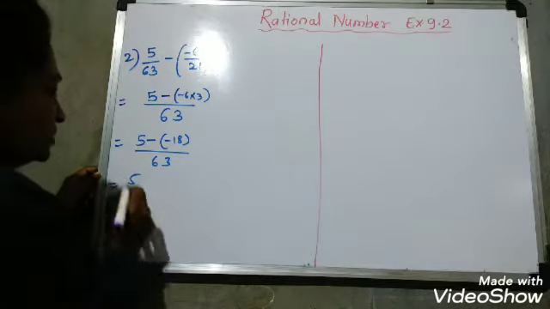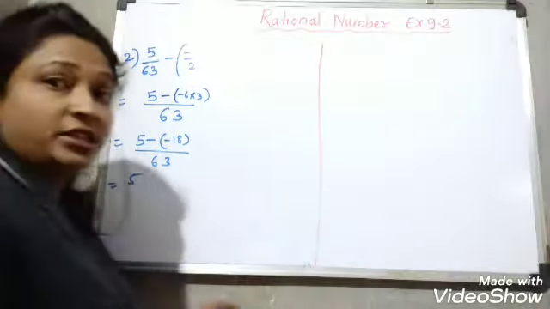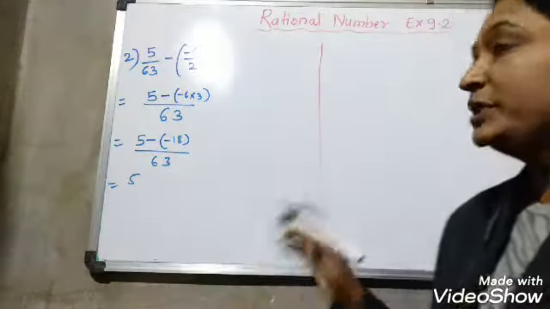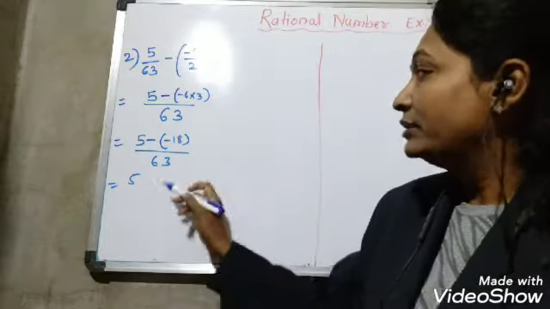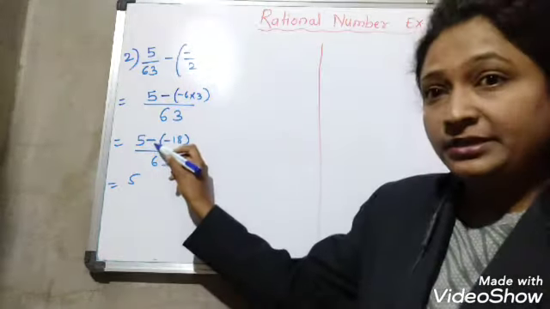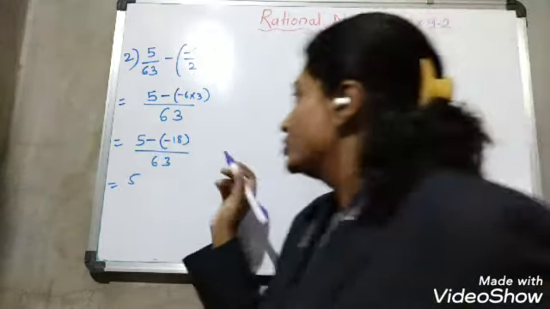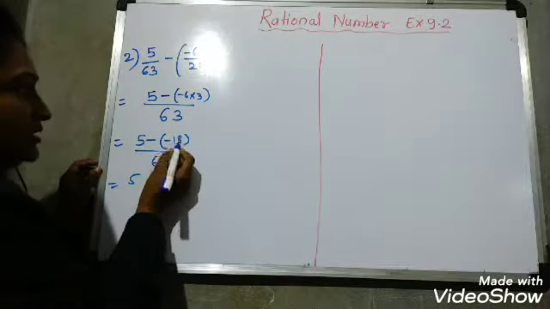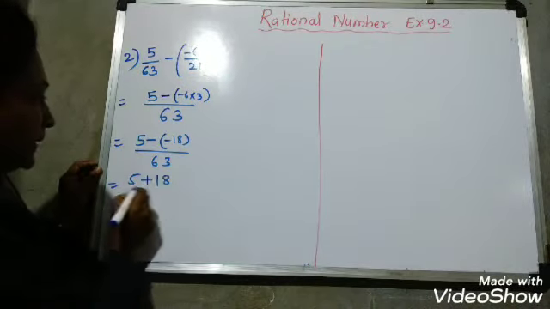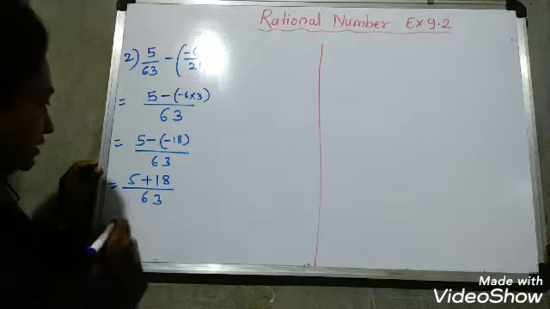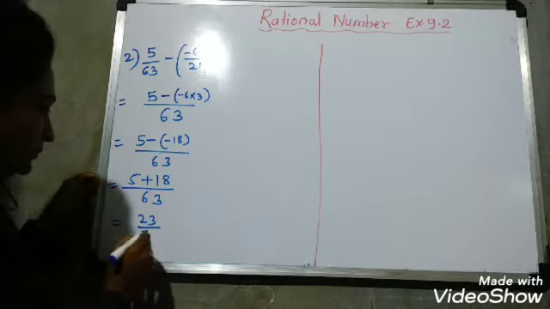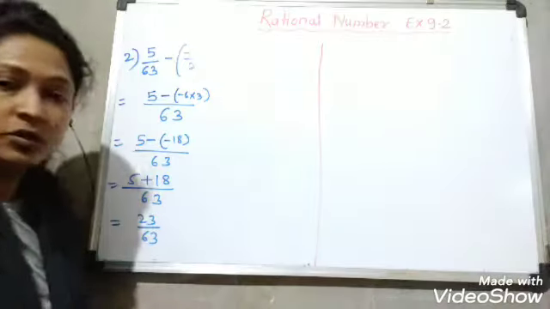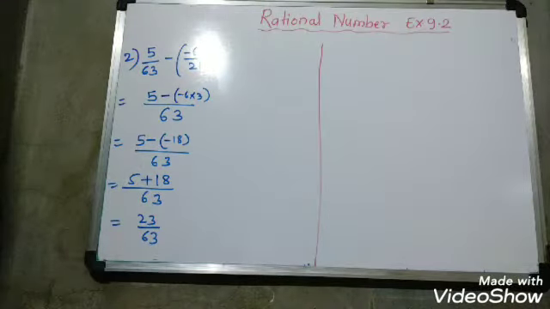In the integer lesson I told you, if you have not watched, please watch my video, that if an outer bracket has a minus sign, the inside sign will change. So minus 18 will become plus 18 upon 63. So we get 18 plus 5, it is 23 upon 63. Your answer is 23 upon 63.